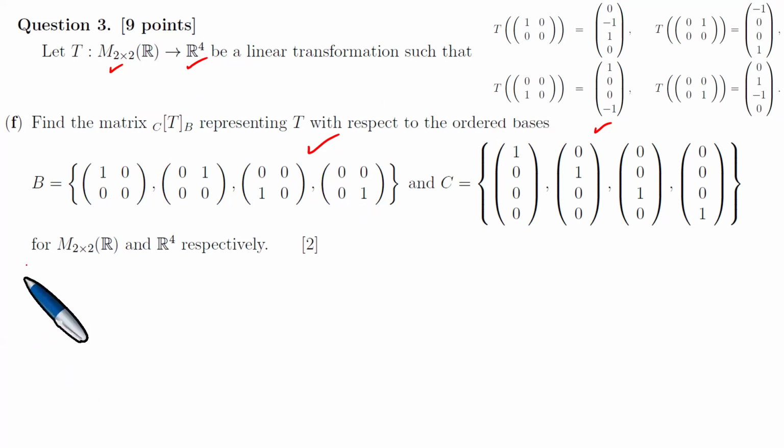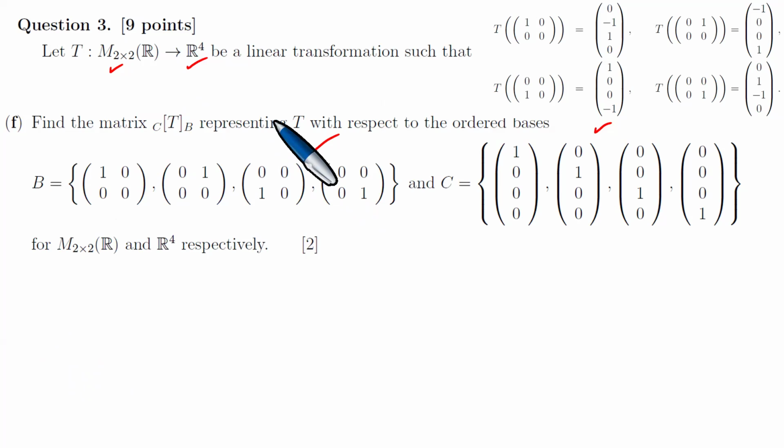Now we are saying we want to find the matrix of T. Let us find the matrix of T. To find the matrix of T, we proceed as follows. Now, we need to remember a couple of things here.